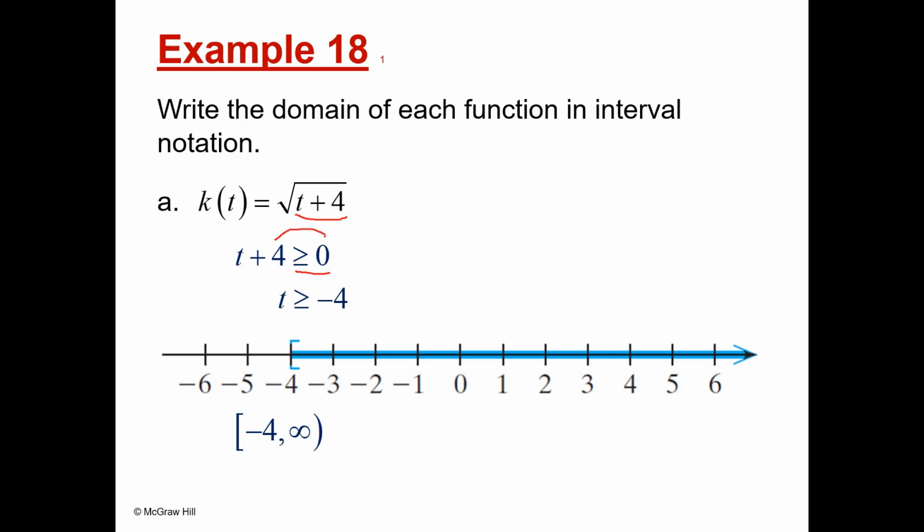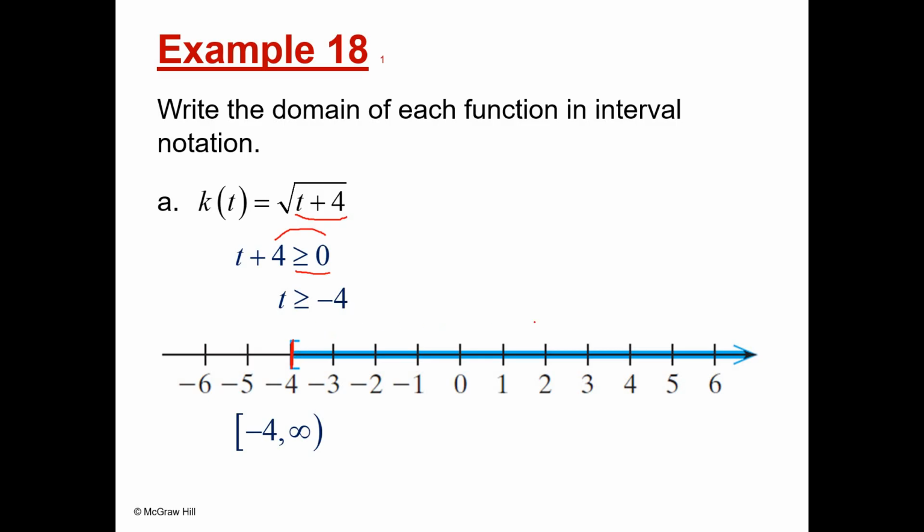We take 4 to the right side, and you will get t is greater than or equal to minus 4. Let's graph it. What does it mean, t greater than or equal to minus 4? This means that values of t will start at minus 4 over here, and all the values of t it's gonna take are greater than minus 4.